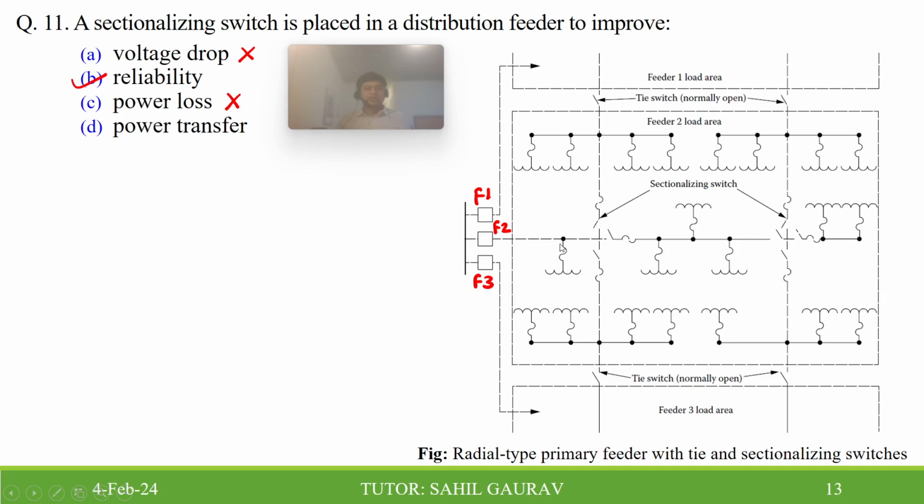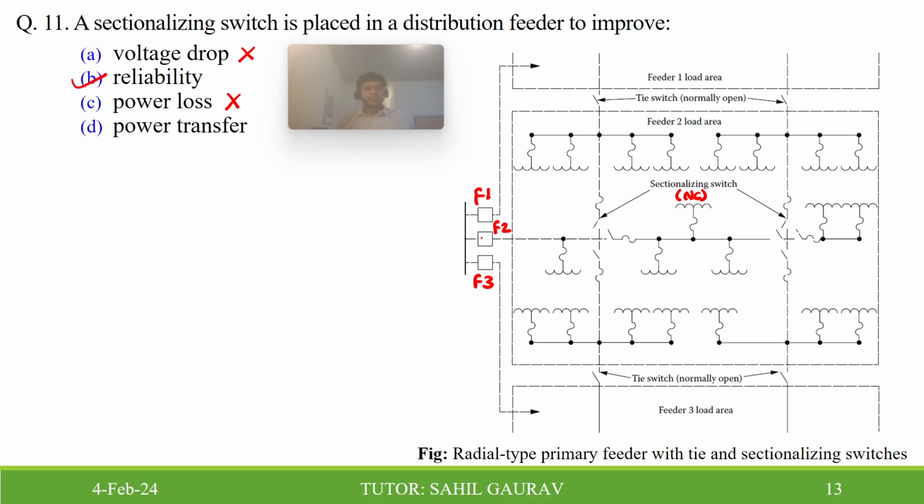So this is feeder 2, and it has different sectionalizing switches. We can see that this is a sectionalizing switch, and we know that sectionalizing switches are normally closed. This is the main feeder, these are laterals, and then these are sublaterals.